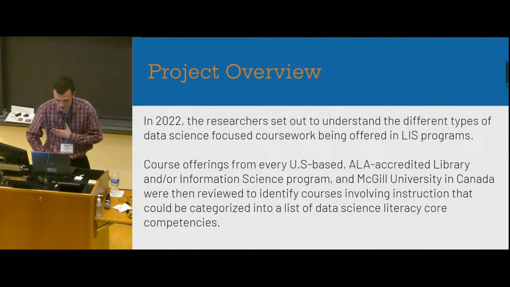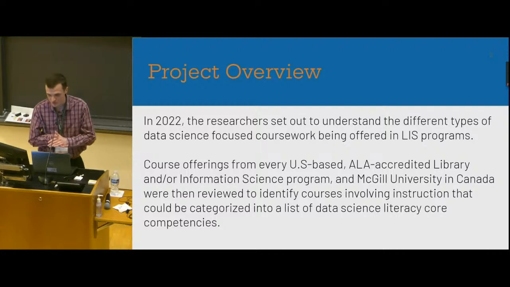So the overview of the project is, in 2022, we set out to understand the different types of data science focused coursework being offered in LIS programs. Based on our literature review, we created categories of competency areas.